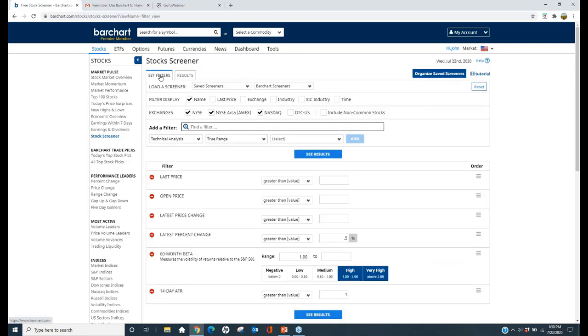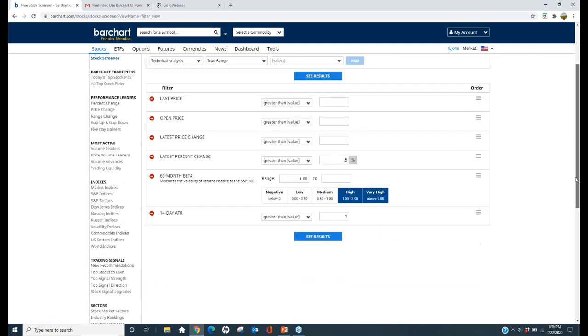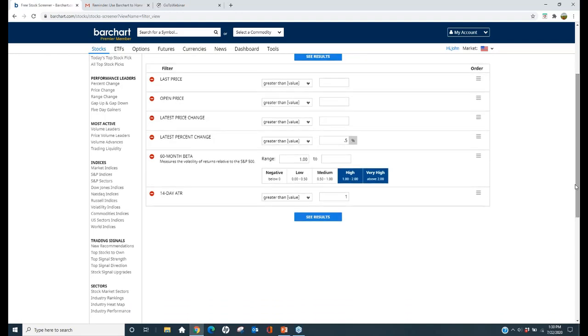All right, but I'm not done there yet. If I'm going to use ATR as a day trader, but even as a swing trader, I still need some more points of reference.